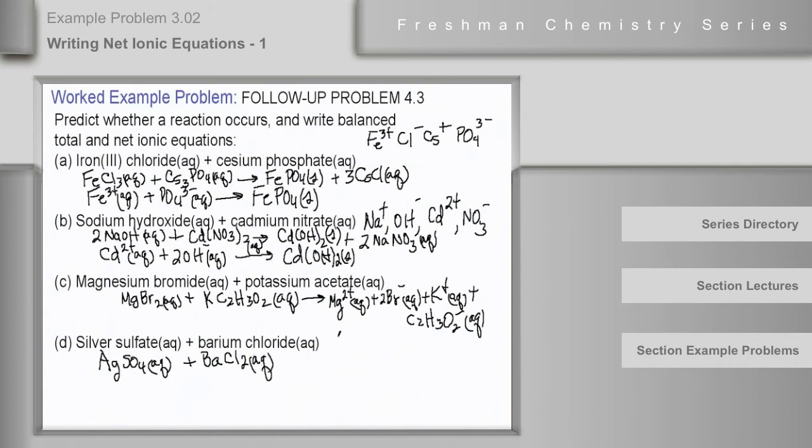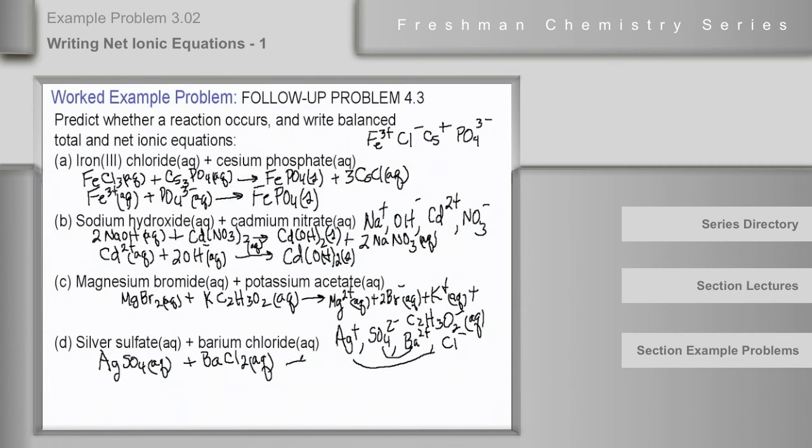So the ions that we have would be silver plus, sulfate 2 minus, barium 2 plus, and chloride ion. Now, the combination of barium and sulfate is insoluble, barium sulfate, and the combination of silver and chloride is insoluble.